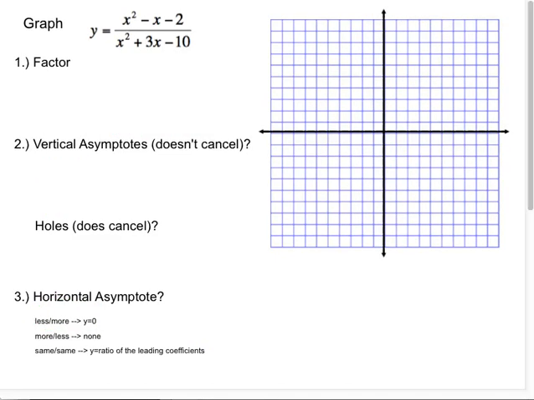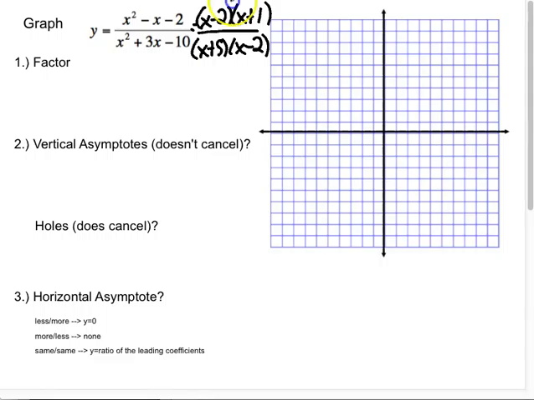All right, last one. So again, first step, factor and cancel if possible. So here I have x minus 2, x plus 1, which multiplies to negative 2, adds to negative 1. Then this one, x plus 5, x minus 2.